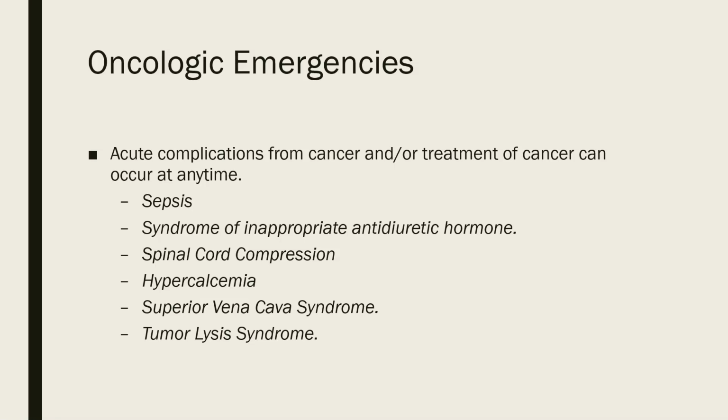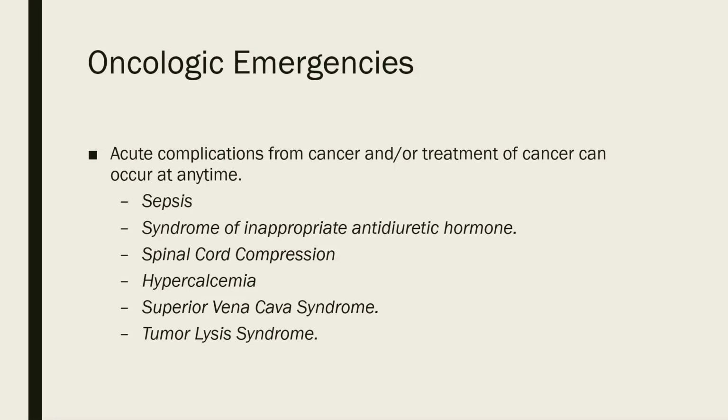Oncological emergencies include acute complications from cancer and or the treatment of cancer. They can occur at any time. You don't need to know all of these, just know that they exist. Patients, because of their immunosuppression, can have sepsis. They can have a syndrome of inappropriate antidiuretic hormone.